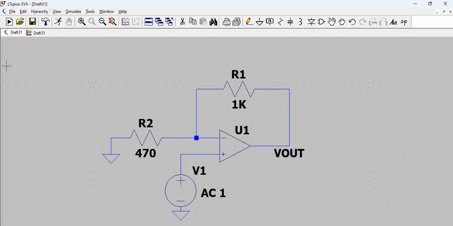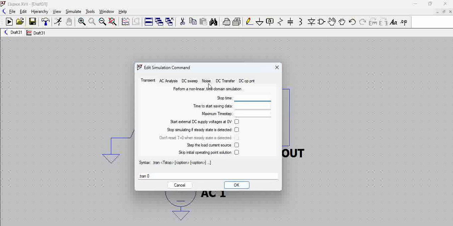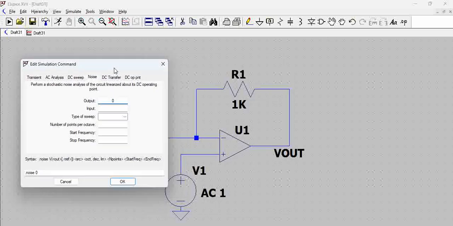So now let us try to simulate this. We don't want to do transient analysis, we want to do noise analysis because we want to see how a noiseless resistor can be added, right? So let us try to add a noise simulation into it.